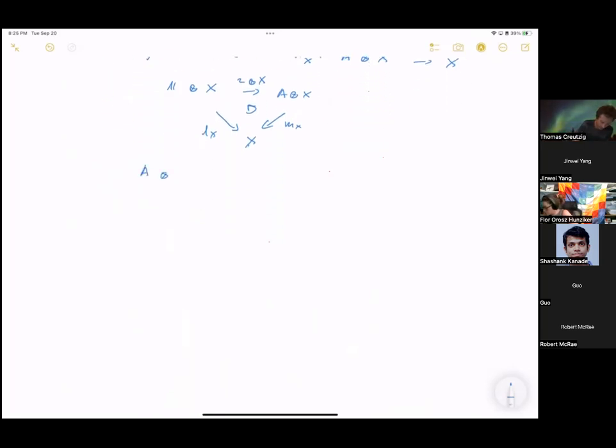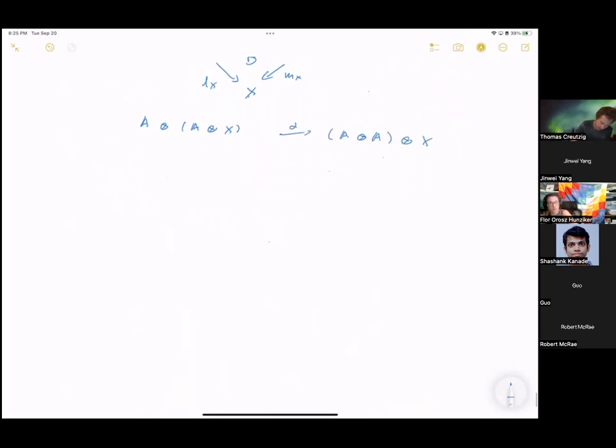So what you do is you write down the product of A, A, and X. You can bracket it in 2 ways. These 2 ways are related via the associator in your category. And now you can multiply here on the left. We can use the action of A on the algebra to go to A times X. Here on the right, we can use the algebra action on itself to go to A times X as well.